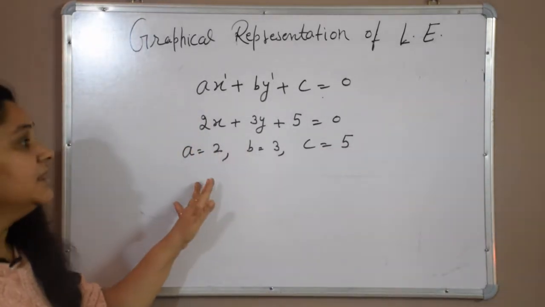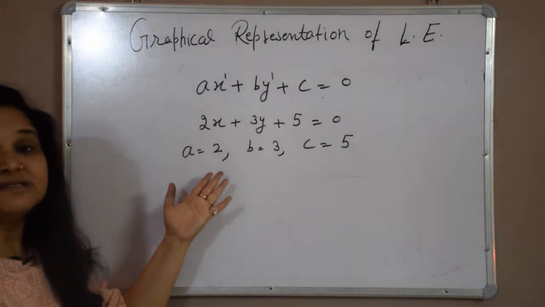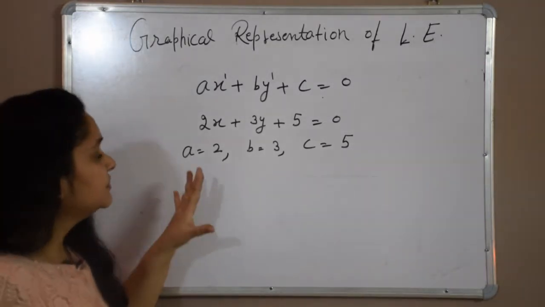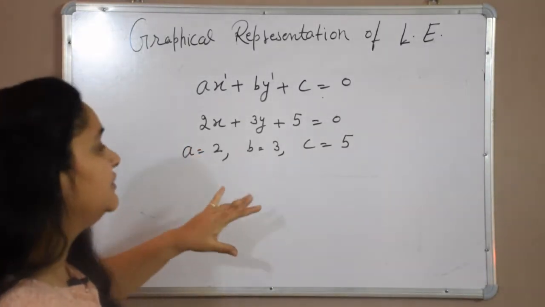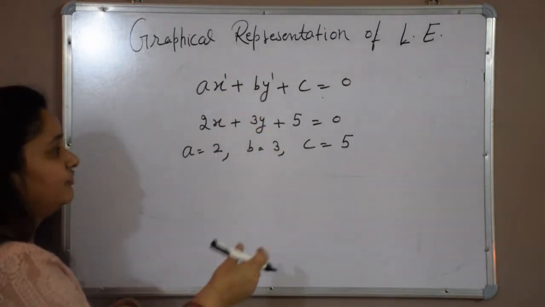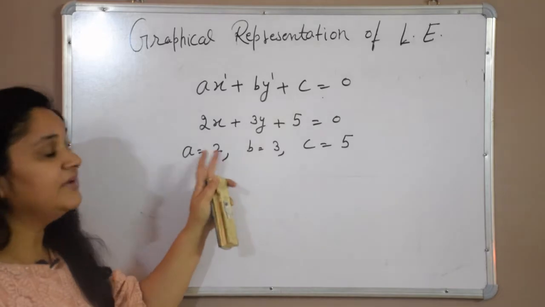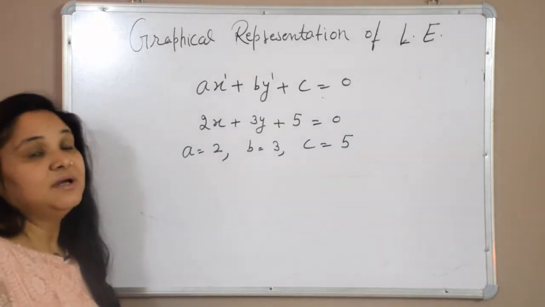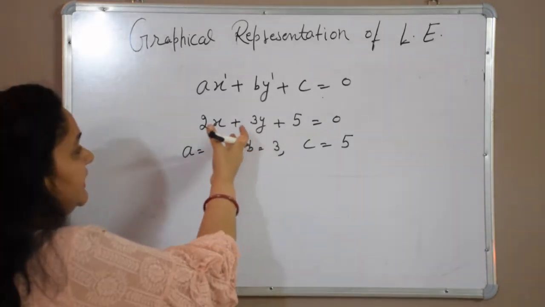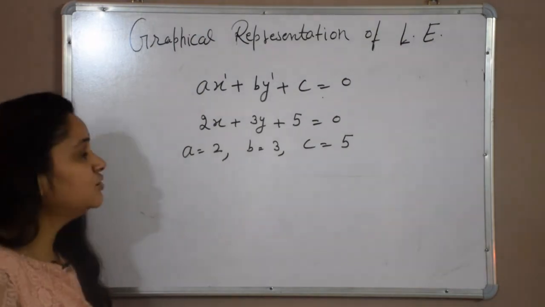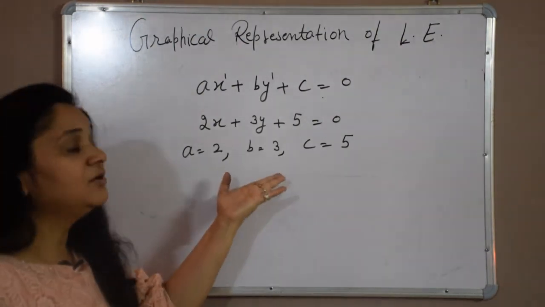For plotting on the graph, we need certain values, and we know that in our graph the values should be in ordered pairs, because we are talking about x, y. There are two variables, so obviously values should be in ordered pairs.